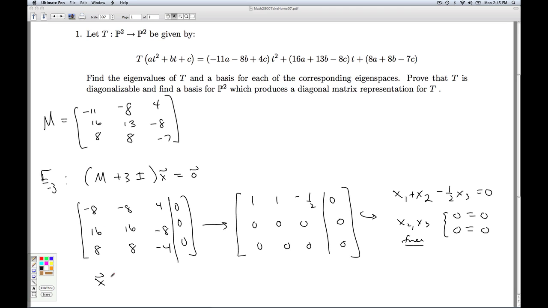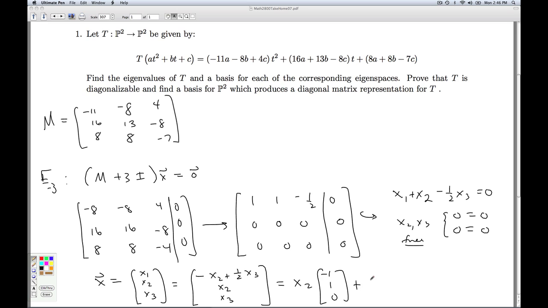If I look at my solution x, which as always is x1, x2, and x3, and solve this for x1, I get negative x2 plus a half x3. I have 1 x2 and 1 x3, and I break this up. The x2 part gives me negative 1, 1, 0, plus the x3 part, which is 1 half, 0, 1.